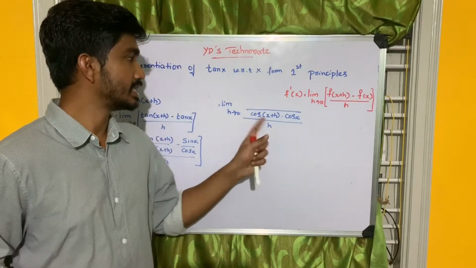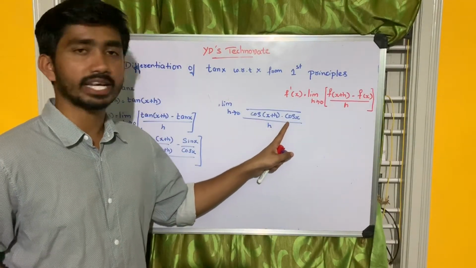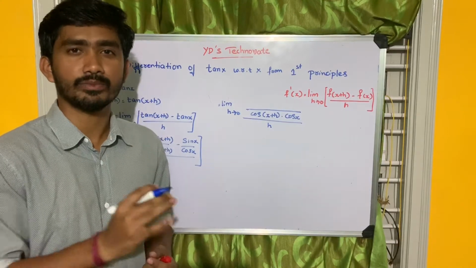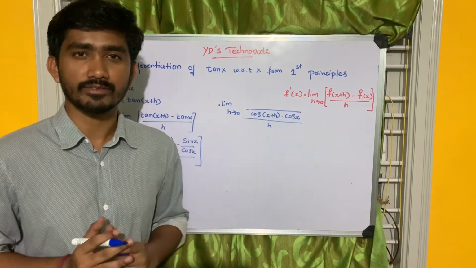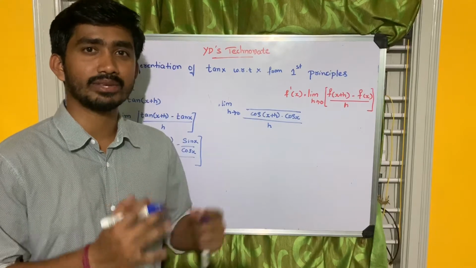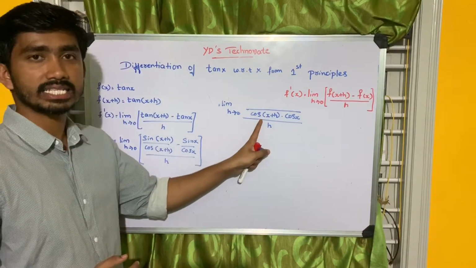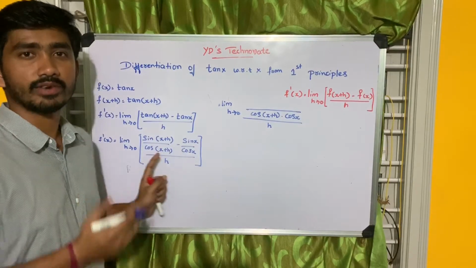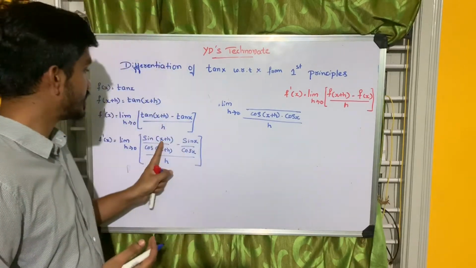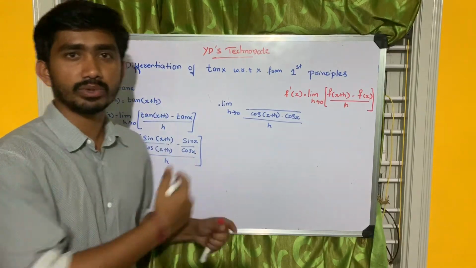I have got the LCM as cos of x plus h into cos x. The next step is very important and a little bit confusing, so I'll just tell you what to do. After taking the LCM, divide this LCM by each denominator and whatever value you get, multiply it to the numerator. I'll do it and explain it again.